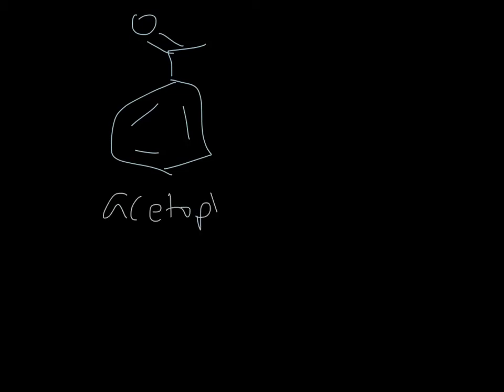If there are more than two substituents, I no longer use the ortho, meta, para terminology because that only works for two. So say that I had this guy, which is called acetophenone, and I'm going to add to my acetophenone two more methyl groups. So let's say that we have one here and one there. So we want to number this guy, and we want to do that so that we get the lowest number for our substituents as possible.